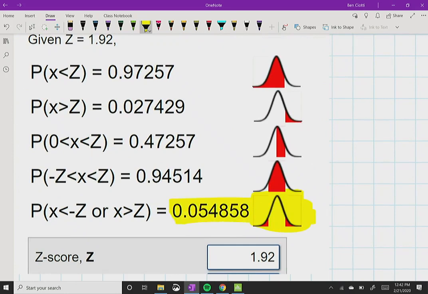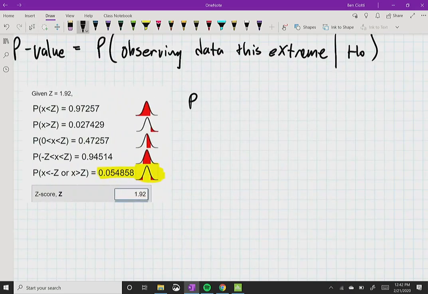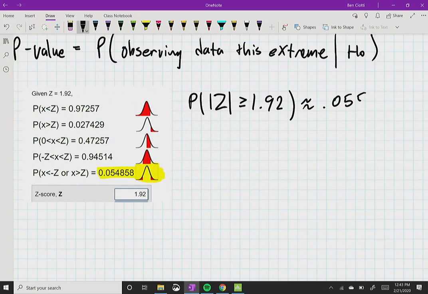It can be 1.92 on the right or 1.92 on the left because we're doing the two-sided hypothesis test. Thus, the probability that my test statistic is greater than or equal to 1.92 is about 0.055, and that's my p-value.